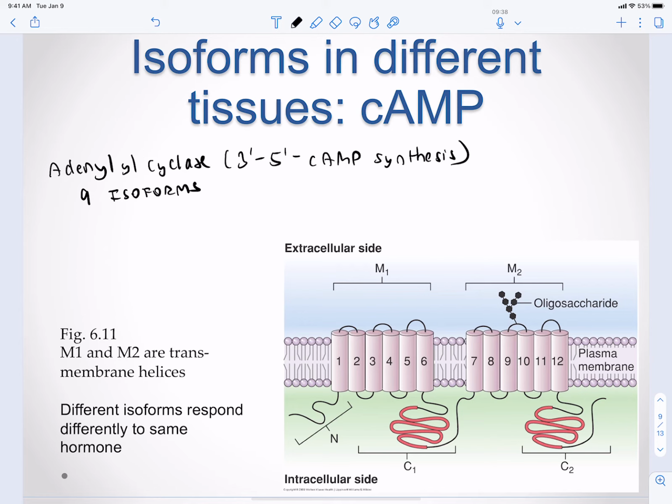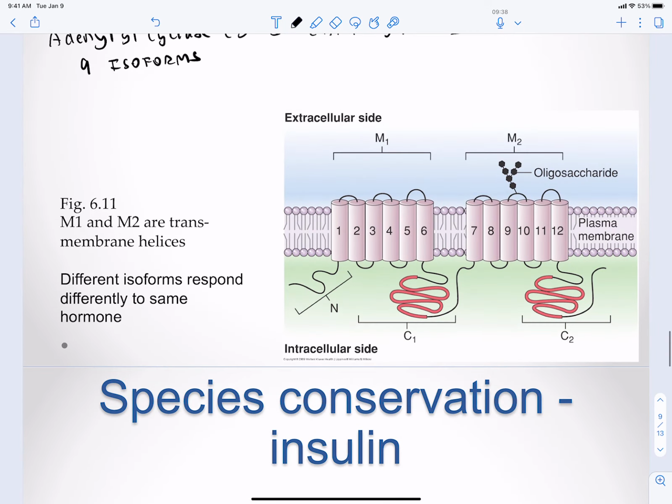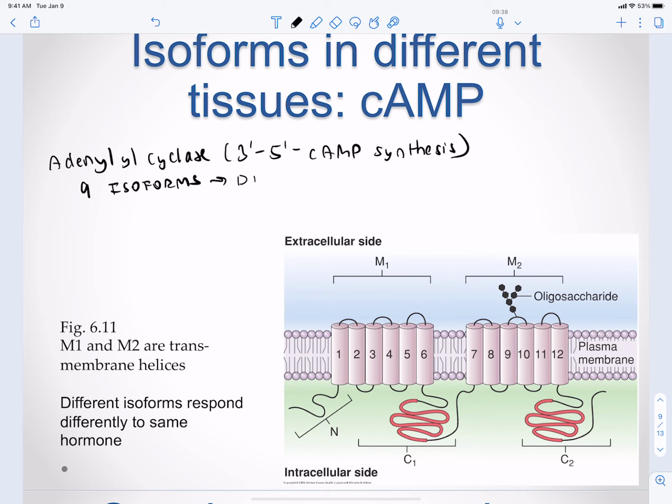There are different genes in different tissues, and they are going to respond to hormones, but their responses can be different in the tissues. So I'm going to put here different responses to the same hormone.